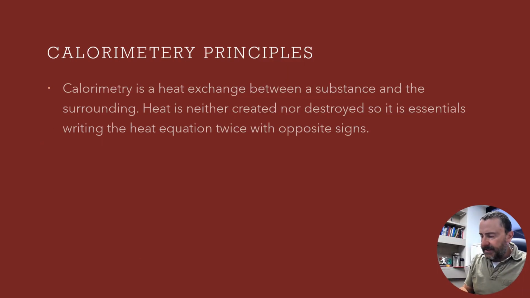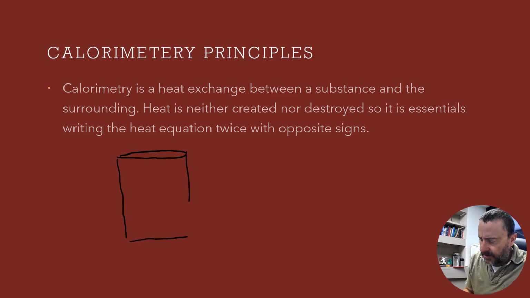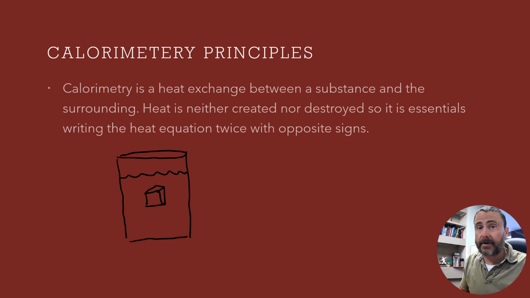Okay, so as we've seen, since calorimetry is an exchange between the substance and the surroundings, heat is going to go either into the substance from the surroundings or vice versa. And so what that means is that the heat has to go somewhere.